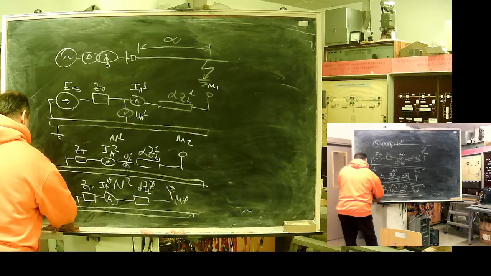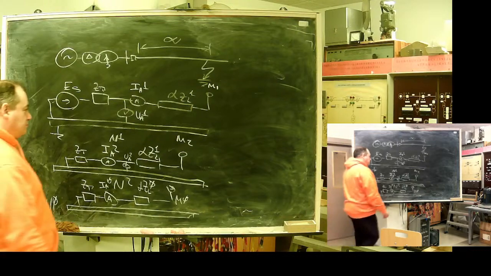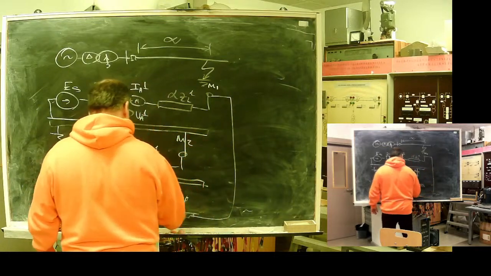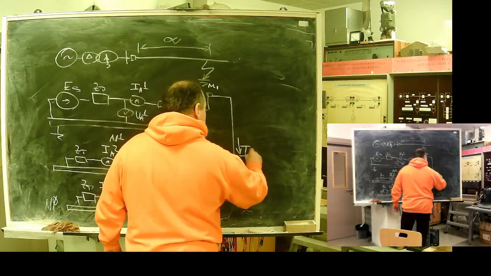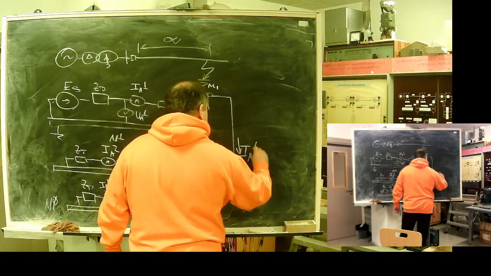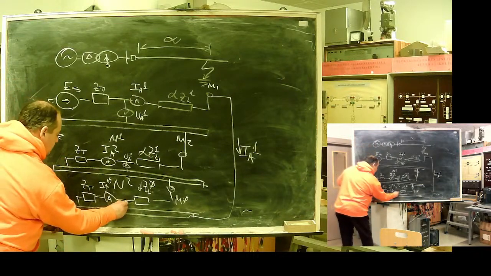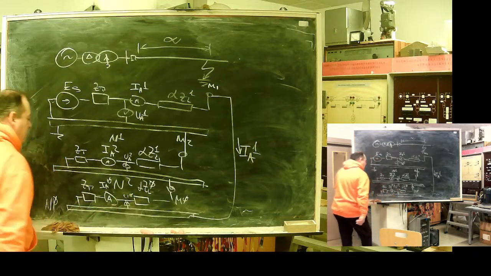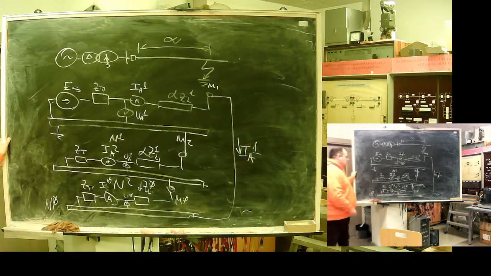This is the common bus for zero sequence. Connect this, connect like this. Here, A phase of direct sequence flow, of zero, okay, simple zero current.